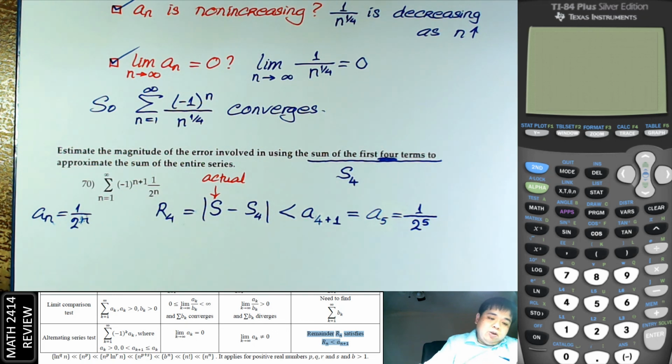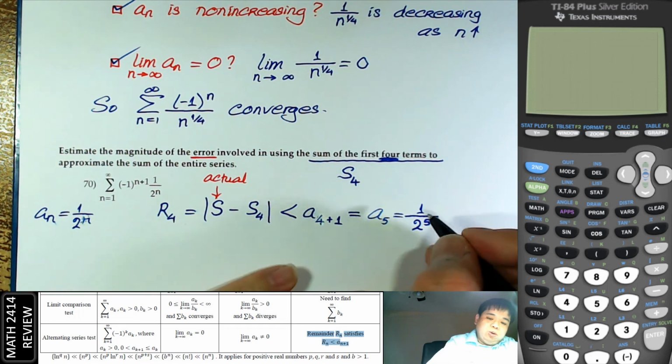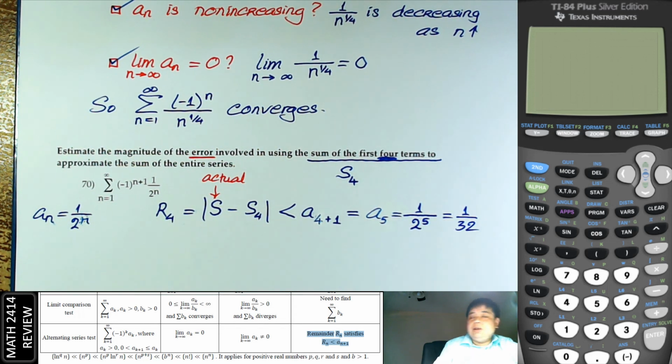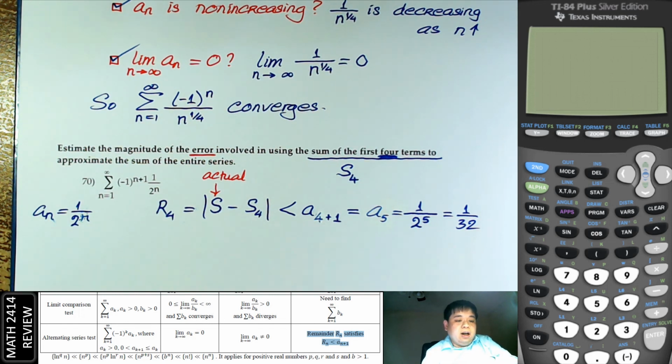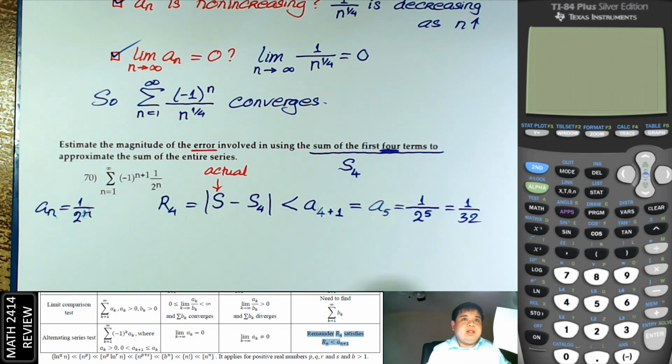So the error here is no more than 1 over 2 to the 5th, which is 1 over 32. Right, so that's pretty much it. The error will be no more than the next term. The next term is a sub 5, which is 1 over 2 to the 5th, which is 1 over 32. So that's pretty much it.